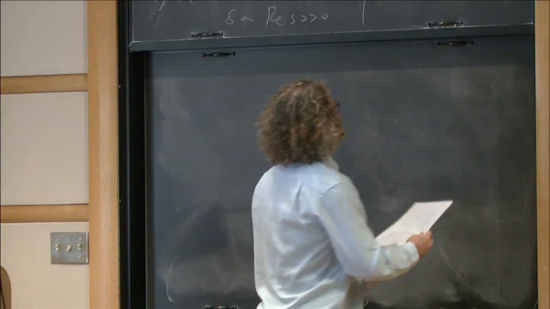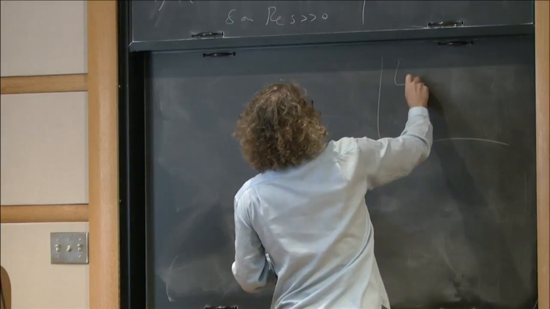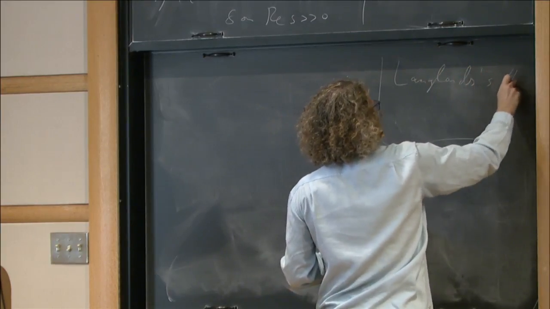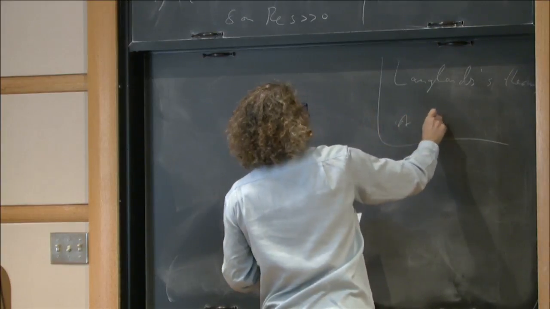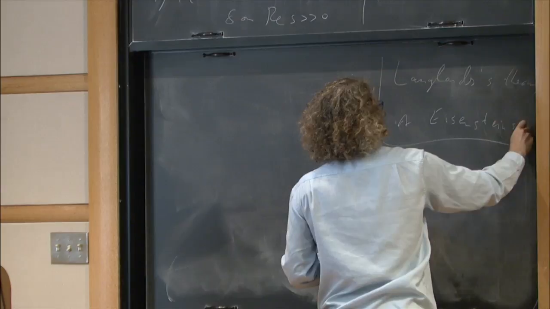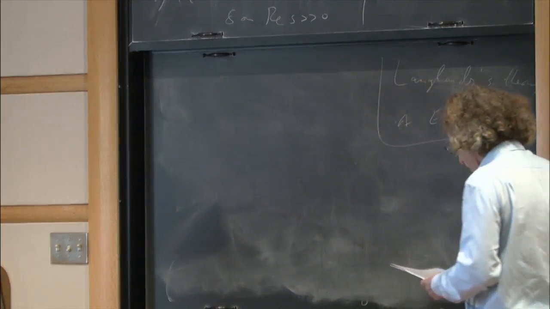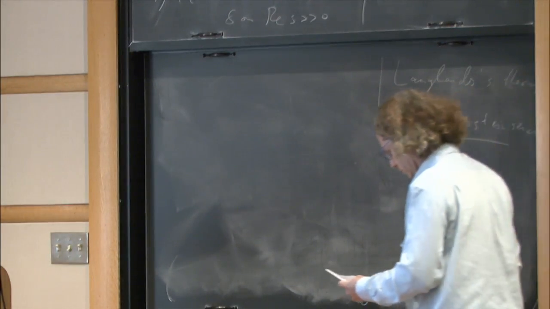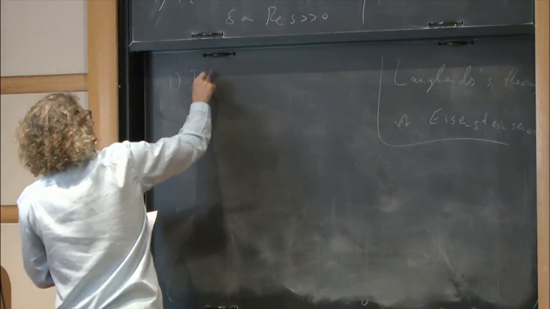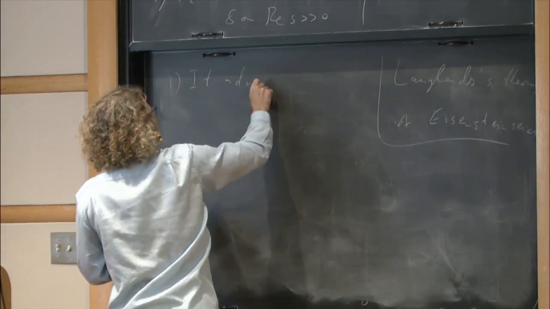So now, of course, this is Langlands' theory on Eisenstein series. So it admits meromorphic continuation. This is an easy fact.